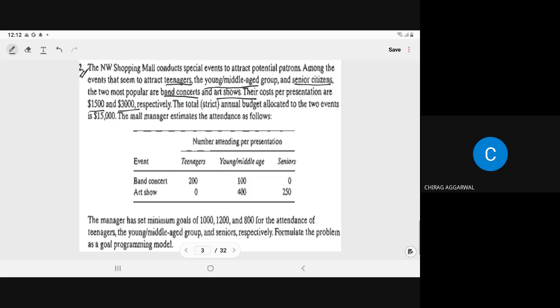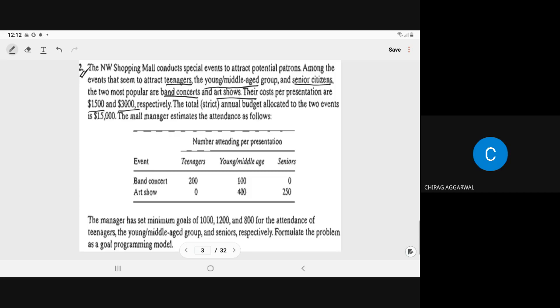Many people wrote that x1 plus x2 plus x3 plus x4 plus x5 is equal to 1 million. That is wrong. That should be less than or equal to 1 million. If we have some amount, we have the freedom to use either the complete amount or less than that, but we cannot use more than that.